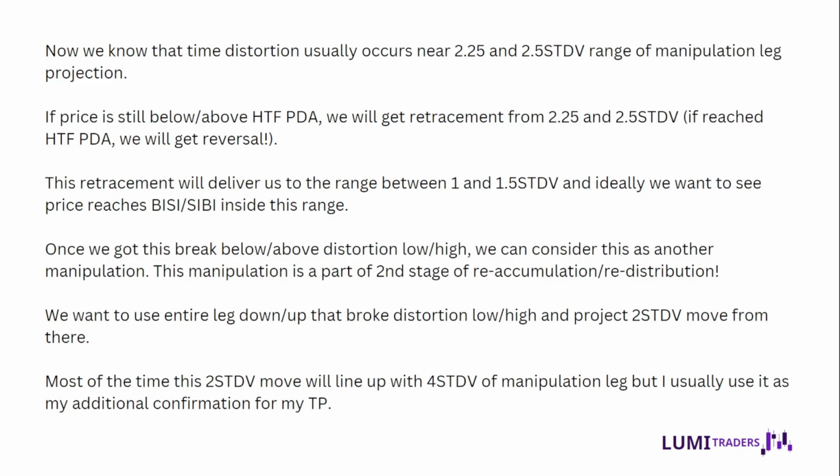Most of the time, and listen carefully right here, this 2 standard deviation move which was based on time distortion leg will line up with 4 standard deviation of manipulation leg. But I personally use this as additional confirmation of my target.